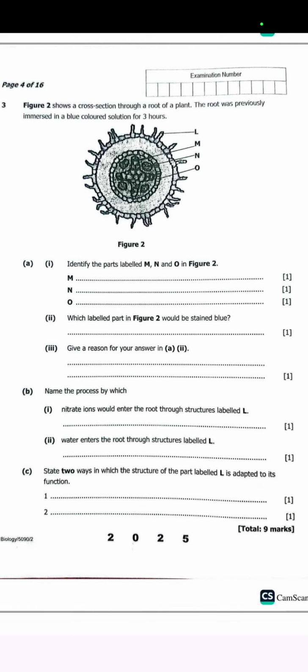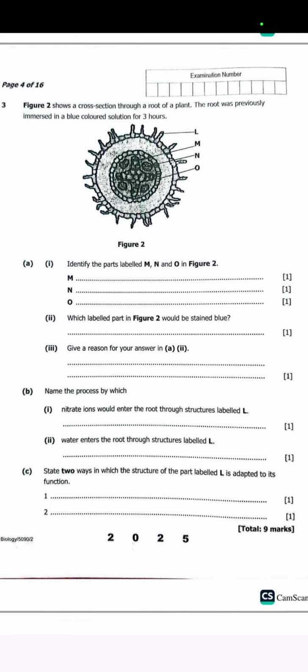Reason, because xylem transports water. Then B1 we are saying active transport, so nitrate ions use active transport. Then B2 will say osmosis, because water enters the roots by using osmosis.